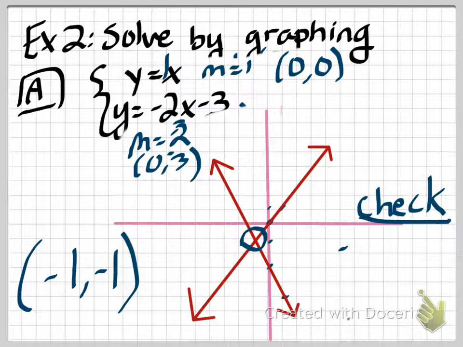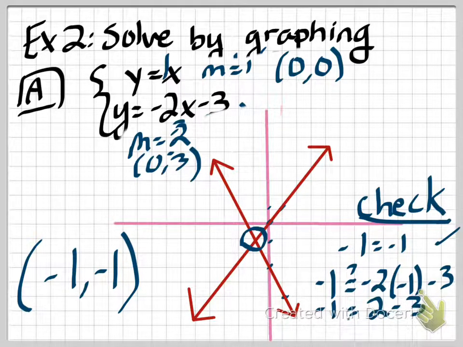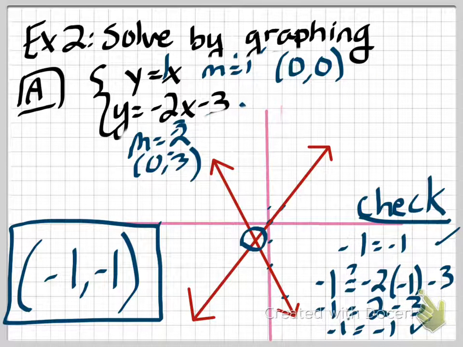For y equals x, that's true, that works. For the other equation, -1, does it equal -2 times -1 minus 3? -2 times -1 is +2, and 2 minus 3 is -1. So it is true for both equations. My solution is -1, -1.